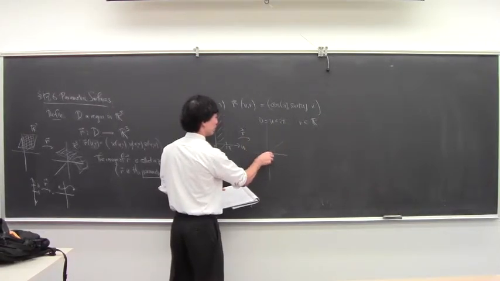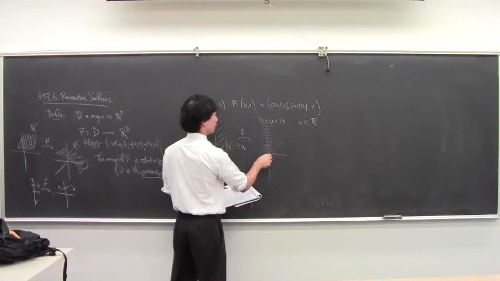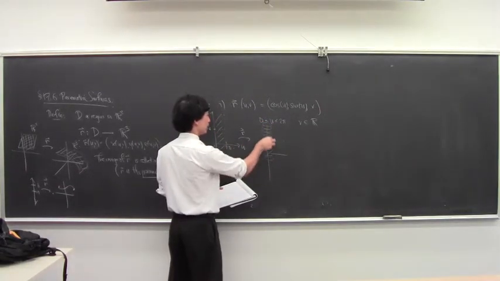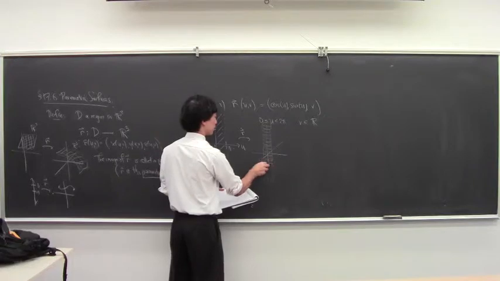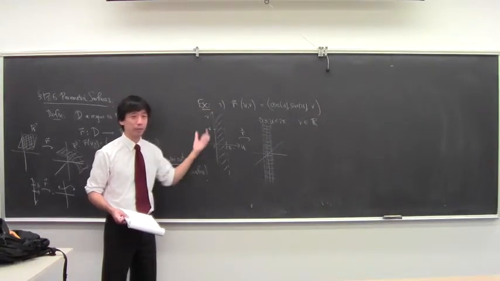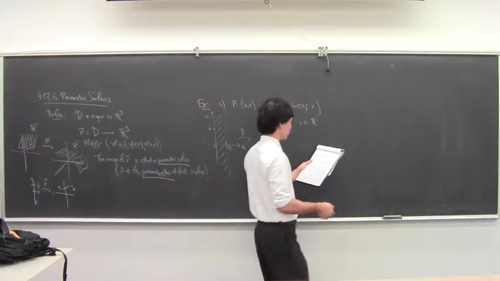So this is a bunch of circles on top of each other. For every fixed v, we get a circle. Or conversely, for every fixed u, if we let the v's vary, then they just go up and down. So this thing is a parametrization of an infinite cylinder.